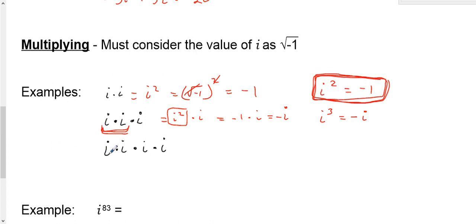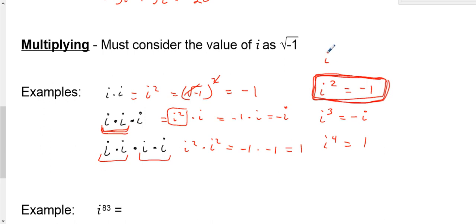So if I look at i times i times i times i, and I group these in pairs, I know that I have i squared times i squared, and knowing from above that i squared is negative 1, I really just have negative 1 times negative 1, and negative 1 times negative 1 is 1. So that gives me i to the fourth is 1.